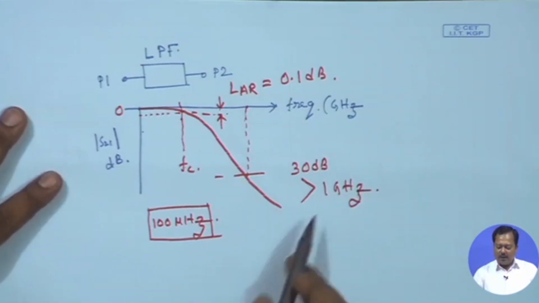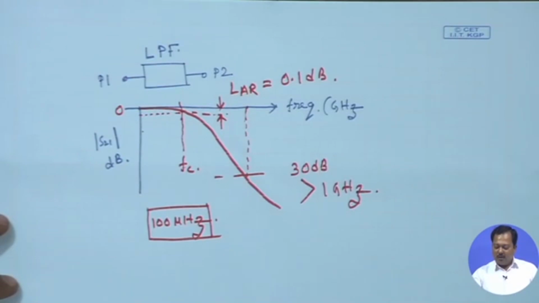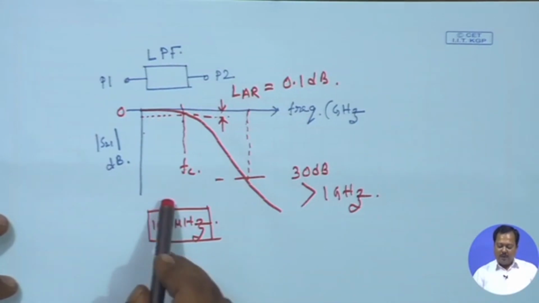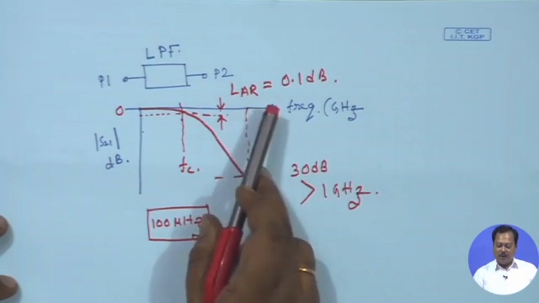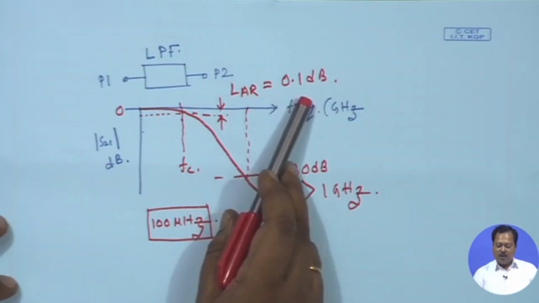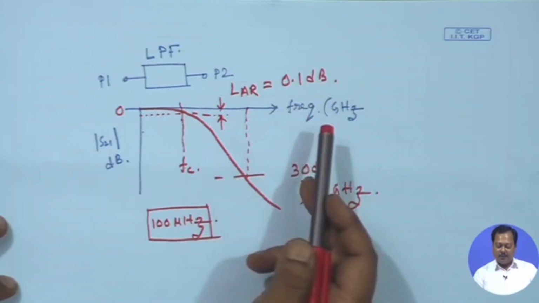In that case you can define another cutoff frequency, but remember, whenever we use these charts and this table, we first consider the signal bandwidth, and accordingly you can choose LAR equal to, let us say, 0.1 dB, 0.01 dB or 0.001 dB, anything.